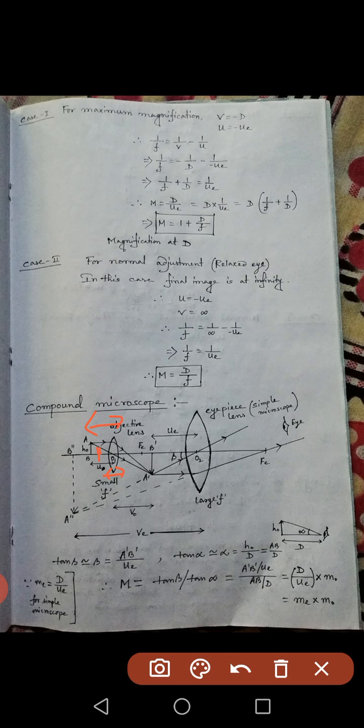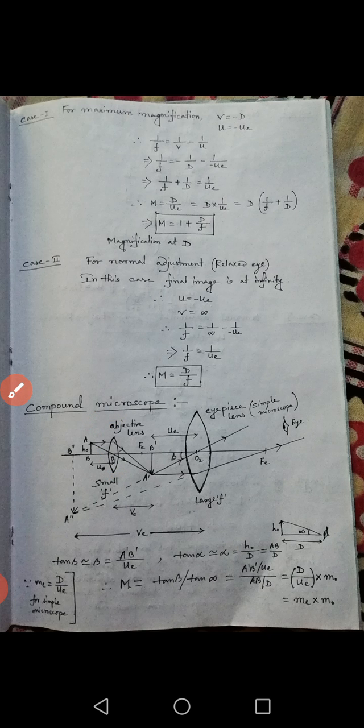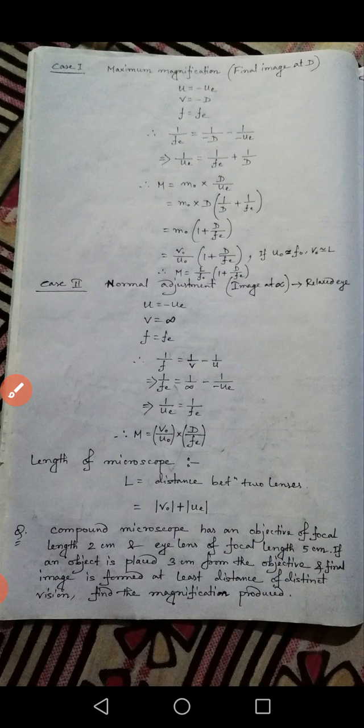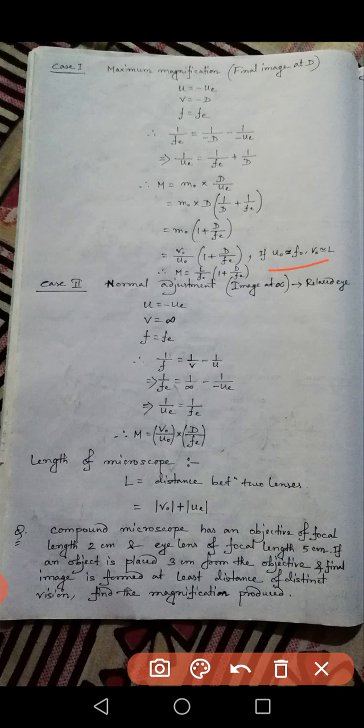So the focal length and U naught are nearly equal. This is just an approximation, not exactly equal, but to solve some sums we can take this approximation. So remember that this can be a condition. If it happens, in place of U naught we can write F naught, and in place of V naught we can write capital L. So this is another formula. Alright, this is for this adjustment.